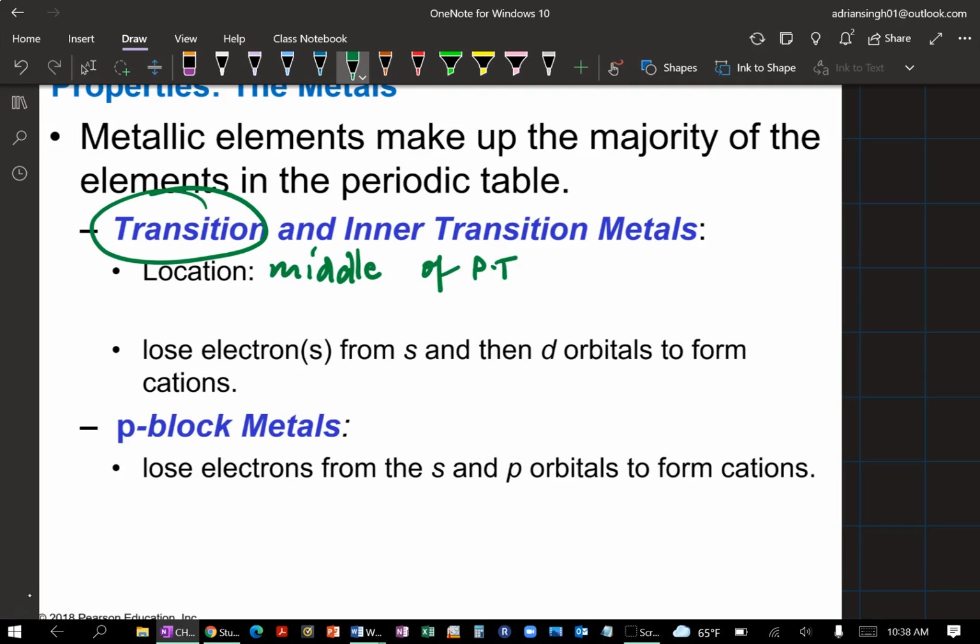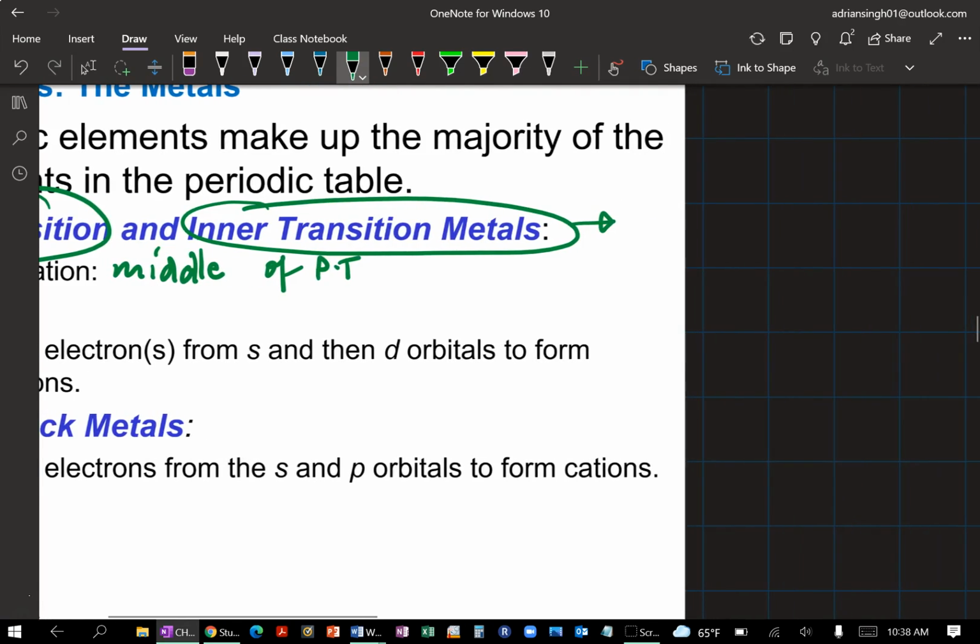That's where the transition metals are found. And then the inner transition metals usually are shown underneath, in those 2 rows underneath the periodic table.